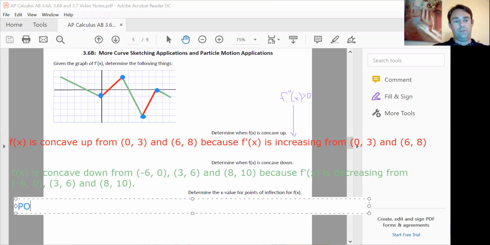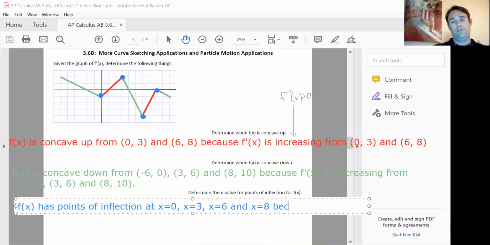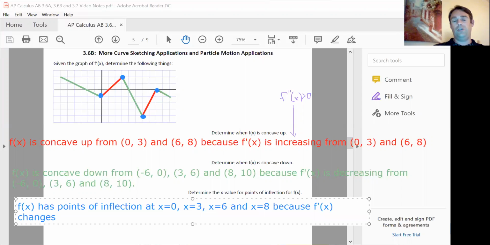Points of inflection at x equals 0, x equals 3, x equals 6, and x equals 8, because f prime of x, I can't just say f double prime of x changes signs for all of them. I have to be specific since I'm talking about increasing and decreasing.